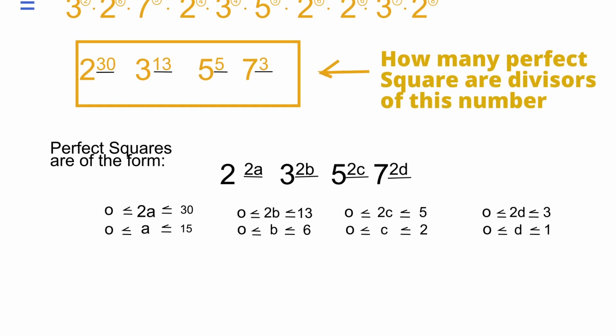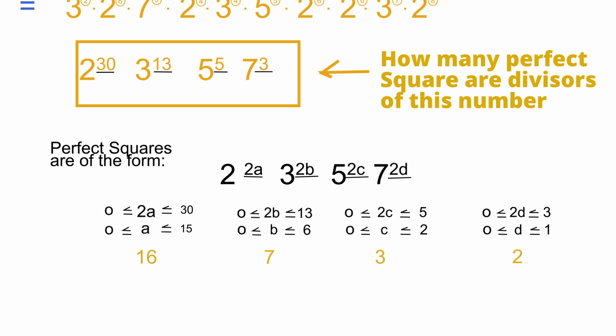So how many possible values do we have for a? Well, we've got anywhere from 0 to 15 inclusive, so we have 16 possible values for a. For b, any integer from 0 to 6 inclusive, so 7 possible values. For c, we've got 0, 1, or 2, so that's 3. And for d, we have 0 or 1, so that's 2 possible values.